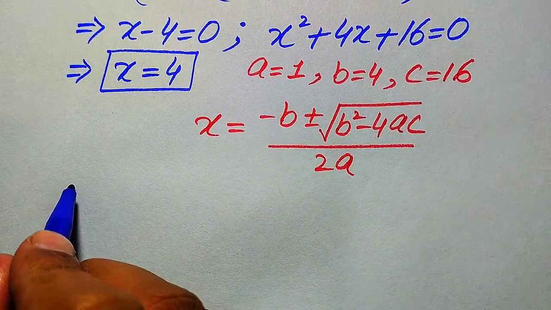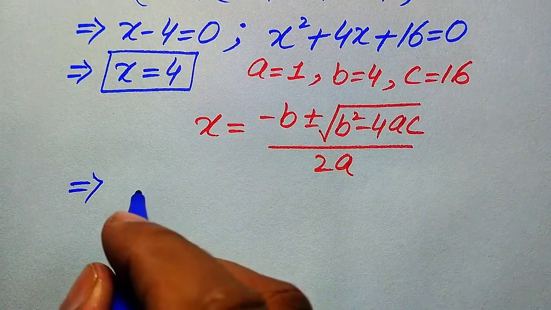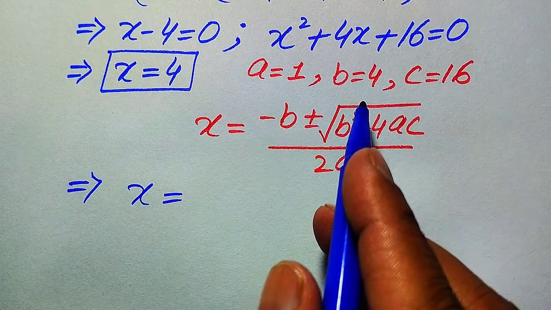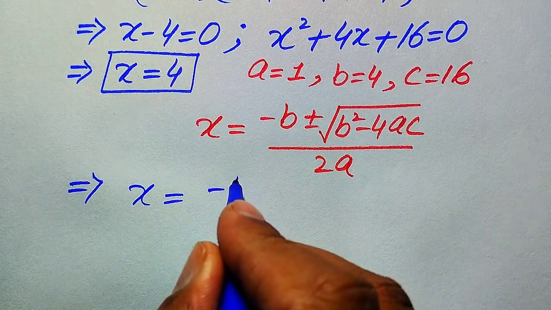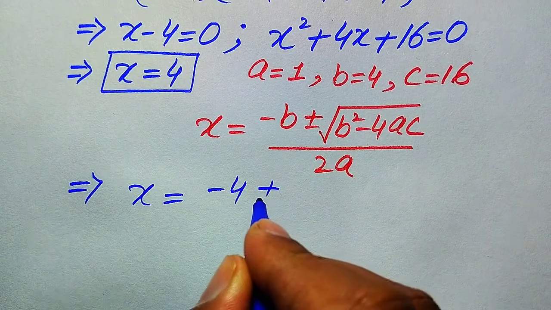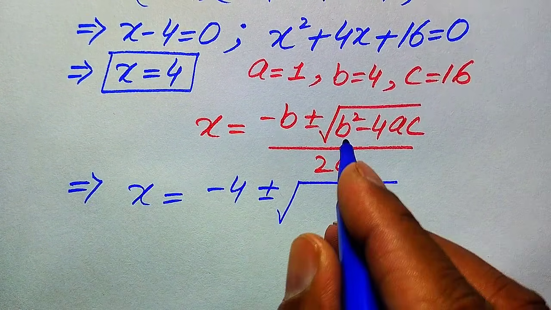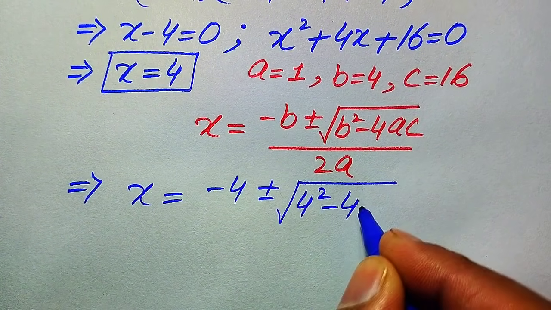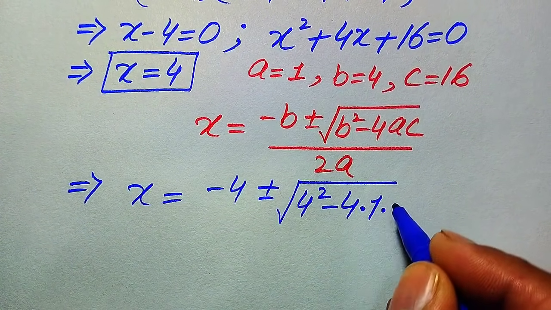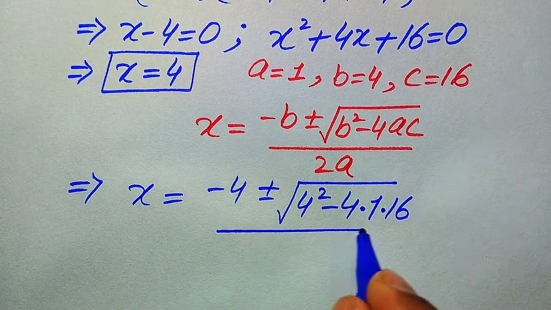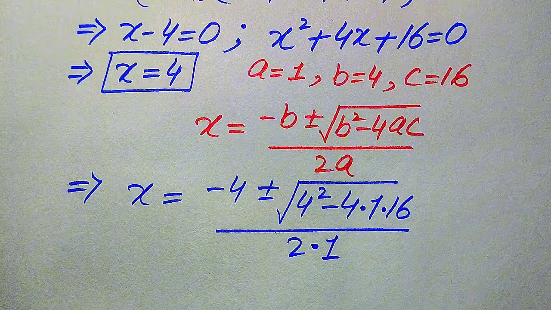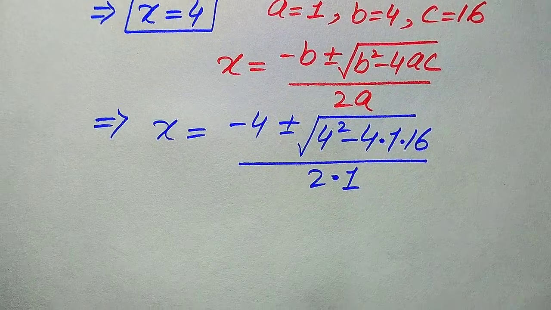Here we substitute all the above values of a, b and c in this formula, and it will be written as x equals minus b, where the value of b is 4, so minus 4 plus minus square root of b square, so 4 square, minus 4 times a, which is 1, and c, which is 16, divided by 2 times a, where our a equals 1.